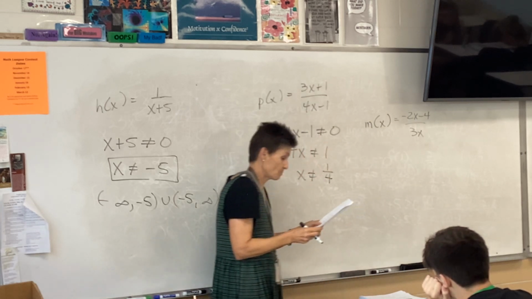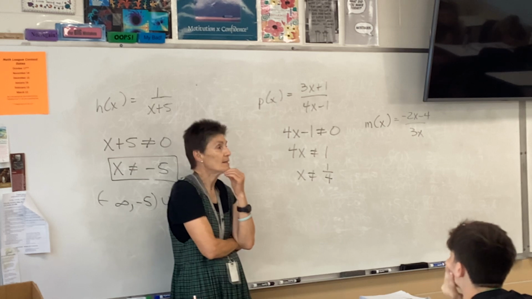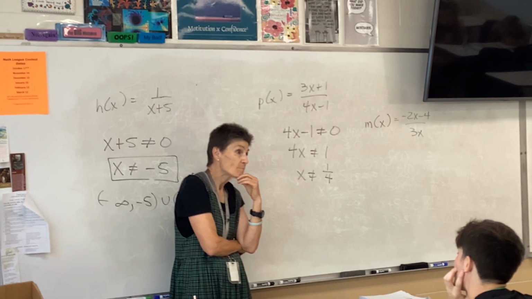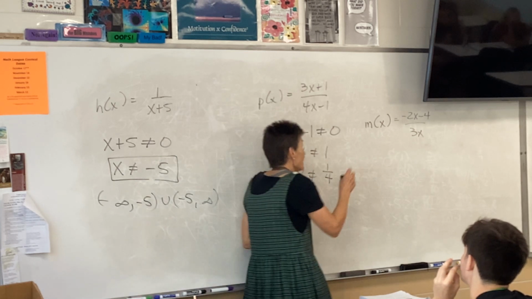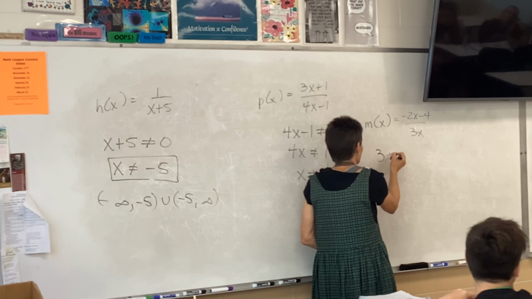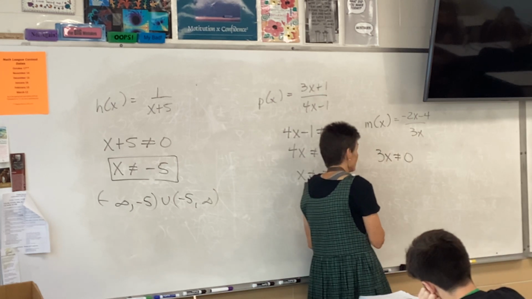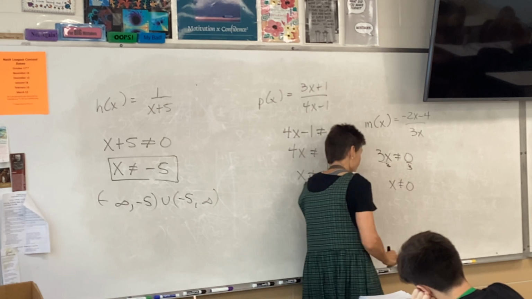All right, let's take a look at this problem. Anybody have an idea what the domain is? X can't be 0 because 3 times x is 0. Yes. It has a denominator. Denominators cannot be 0. So when I solve that, it says x cannot be 0.